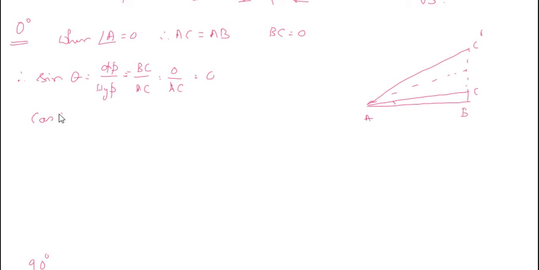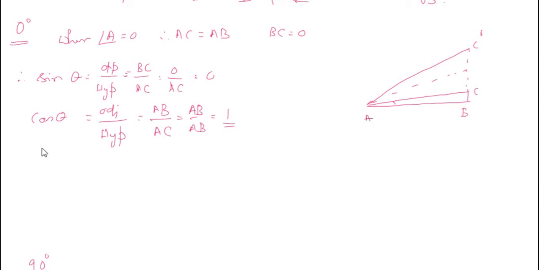Now cos 0 is adjacent divided by hypotenuse. Adjacent side is AB, hypotenuse AC. But when angle A equal to 0, AC equal to AB, so I will write this as both as AB by AB. Now this value is 1.